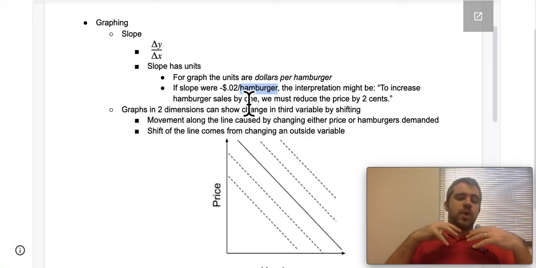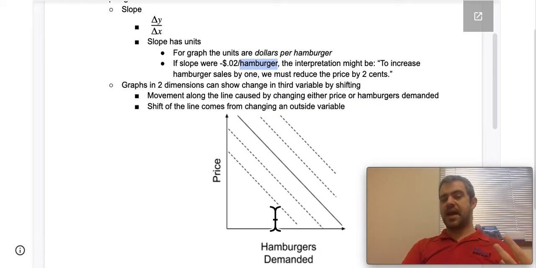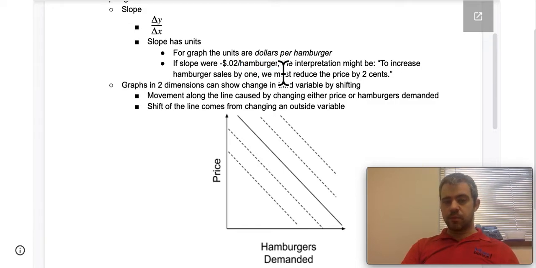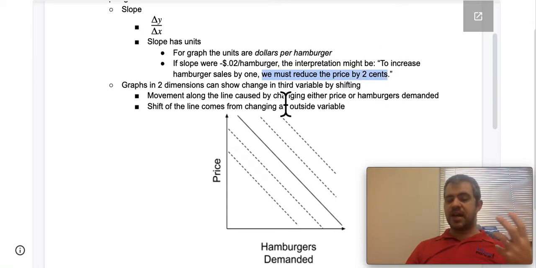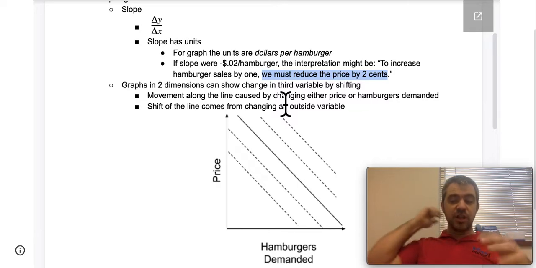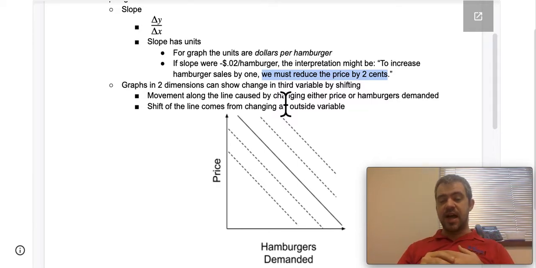So if I was to interpret this in terms of like demand, to increase hamburger sales by 1, okay, again, change in 1 here, we must reduce the price by 2 cents. So a change of 1 hamburger needs a change of 2 cents. Okay, so every slope that you see is going to have a meaning, an interpretation.